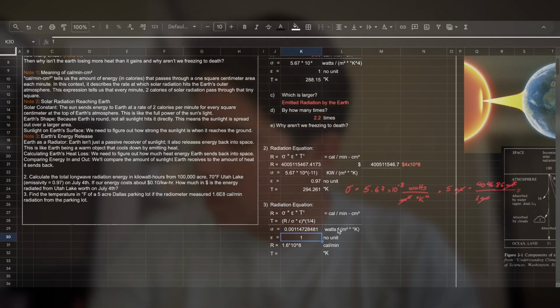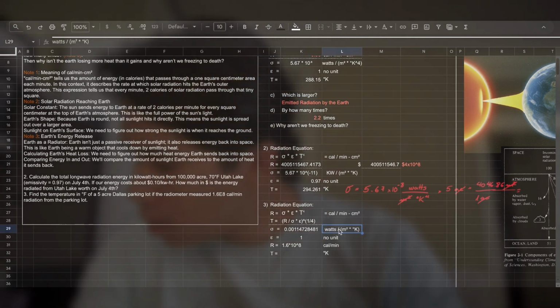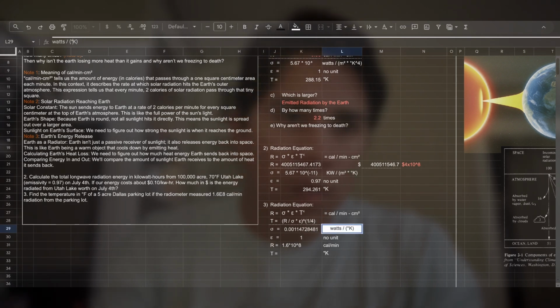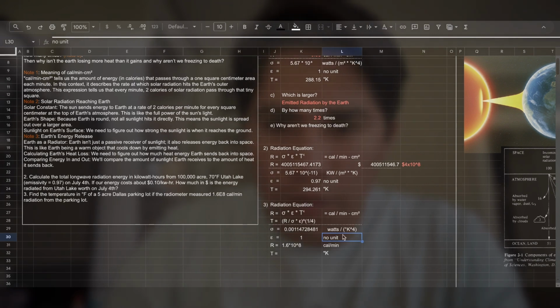And this is our new value. And it will be watts per degrees Kelvin to the fourth.